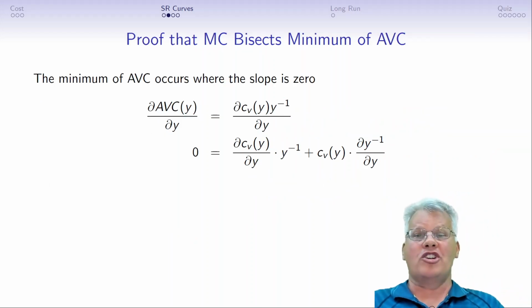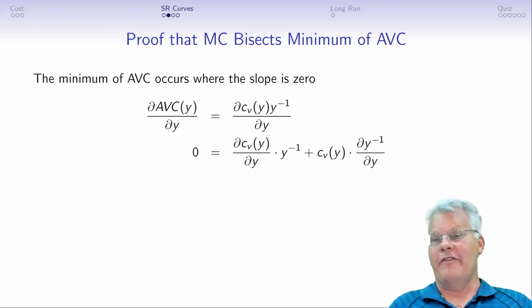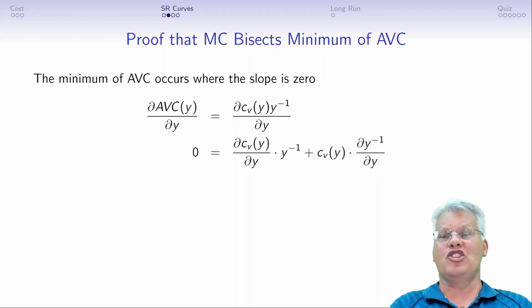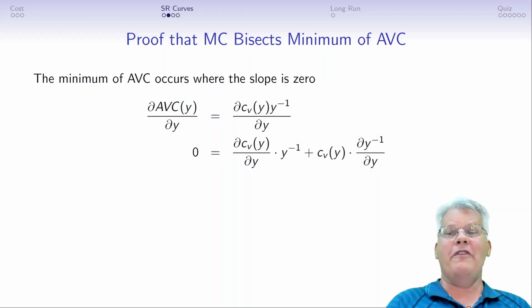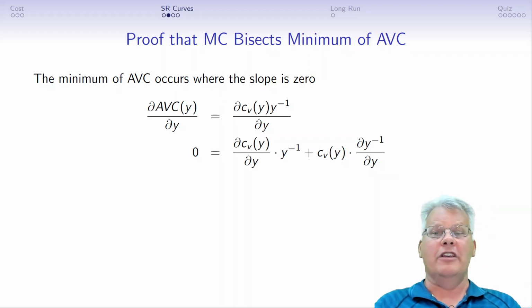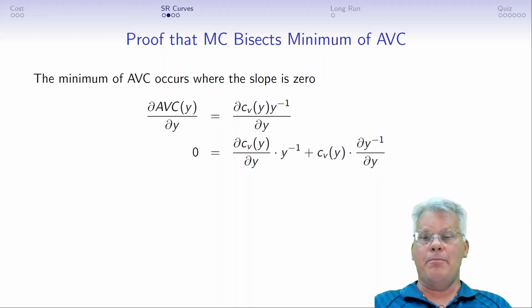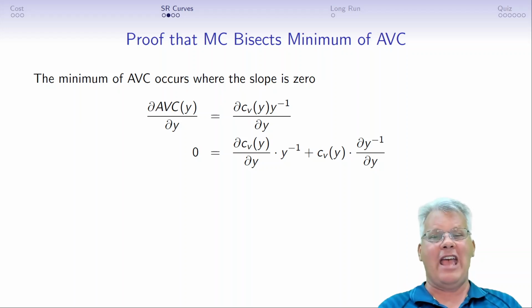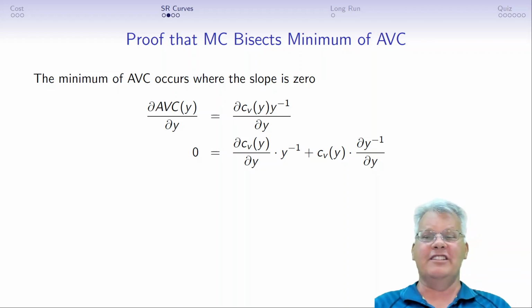The proof that marginal cost bisects the minimum of average variable cost: we know that the minimum of average variable cost occurs when the slope is 0. The slope of any function is equal to its derivative, so I could take the partial derivative of average variable cost with respect to output and set that equal to 0.